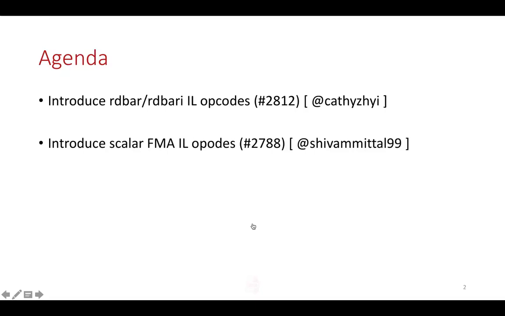So, the idea here then is to introduce these IL opcodes, have them generated either by a language front end, if it can, or within the optimizer. The backends would then map these ideally to hardware instructions. Even if they're not necessarily supported, they could be implemented using the individual instructions.